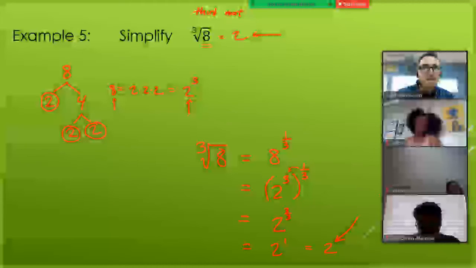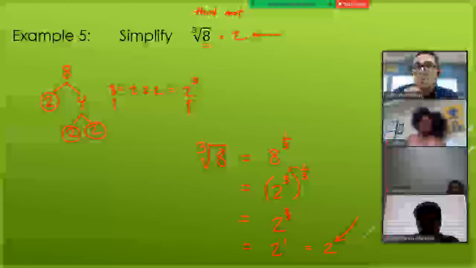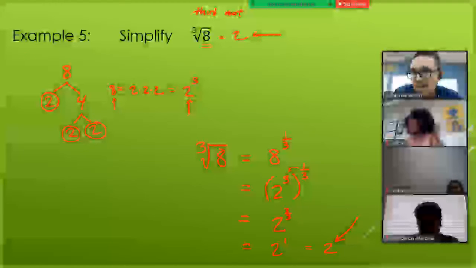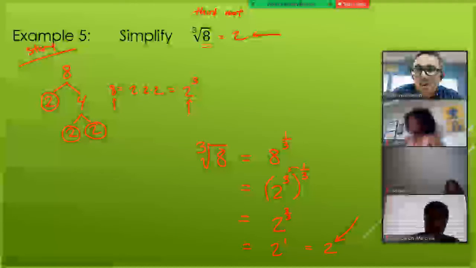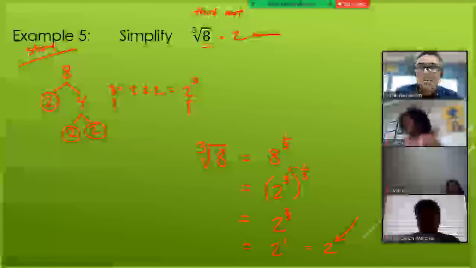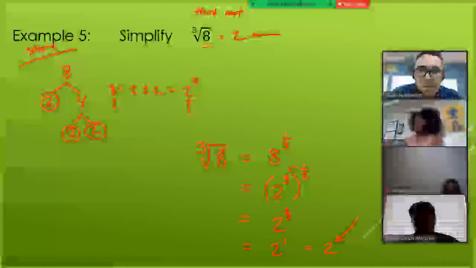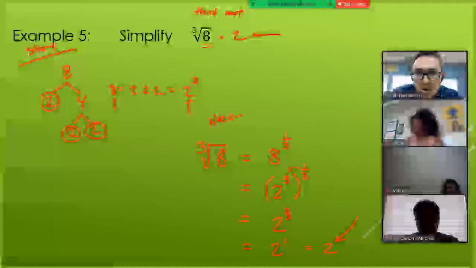Now, you might think that this is a lot of extra work to do for this problem, and you're probably right, okay? But this approach of starting with the factor tree, so right here, we took what was inside the box and we broke it down to its factors. Then I'm going to rewrite my problem into power form here.